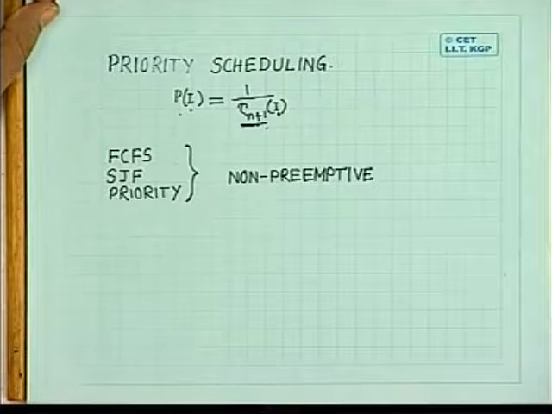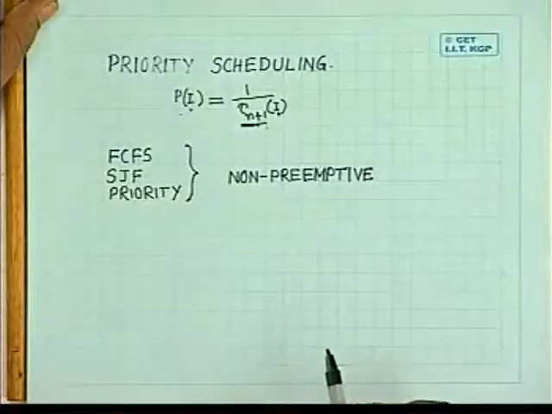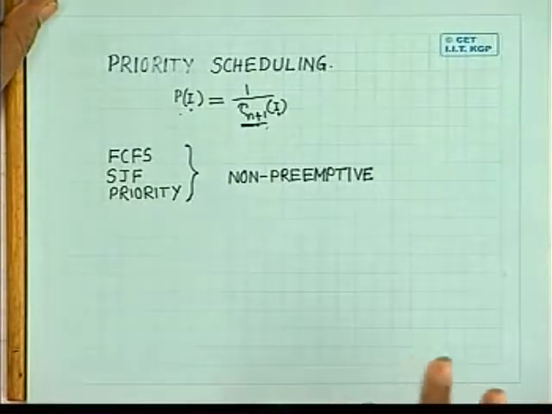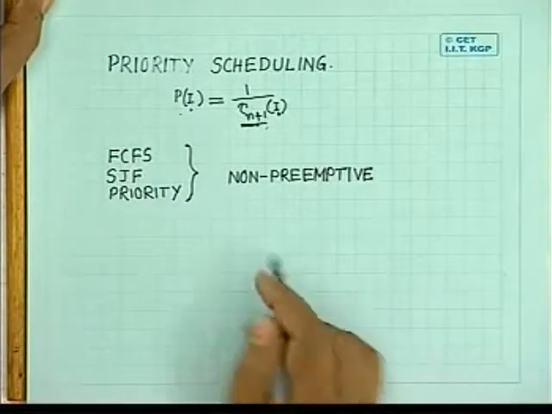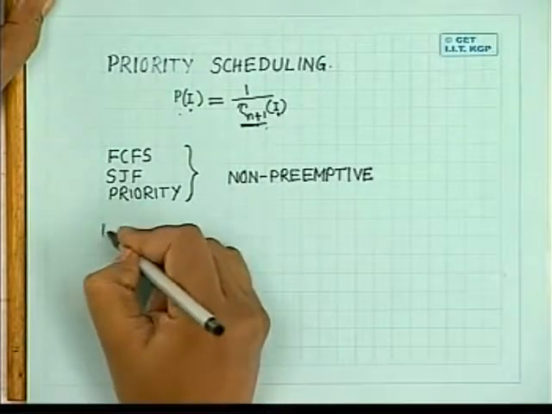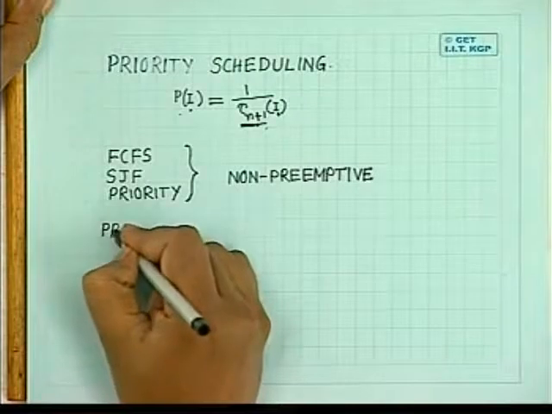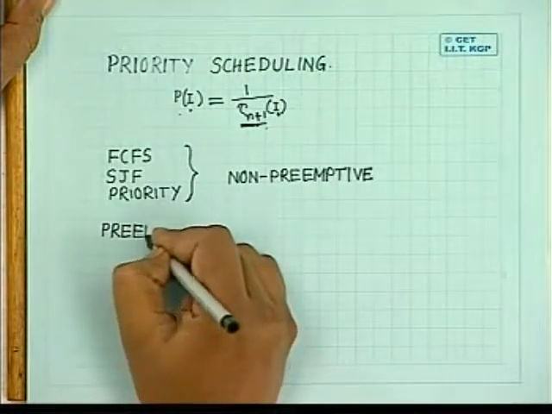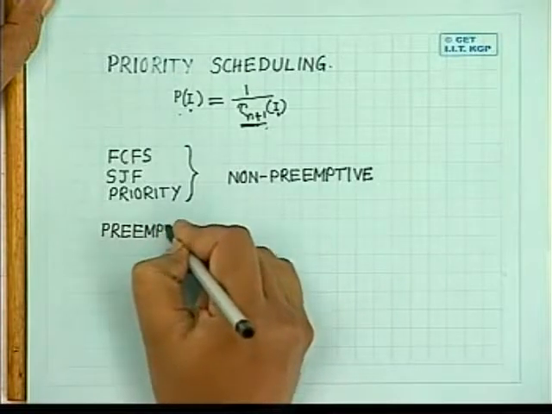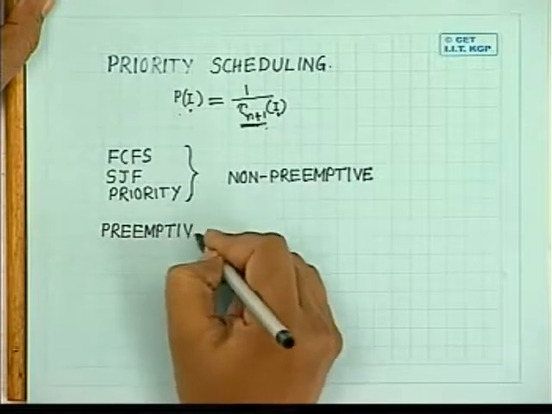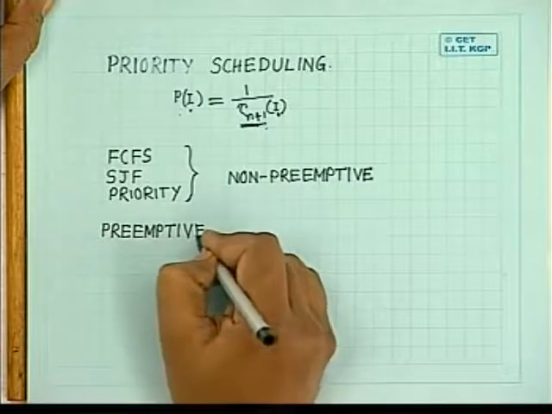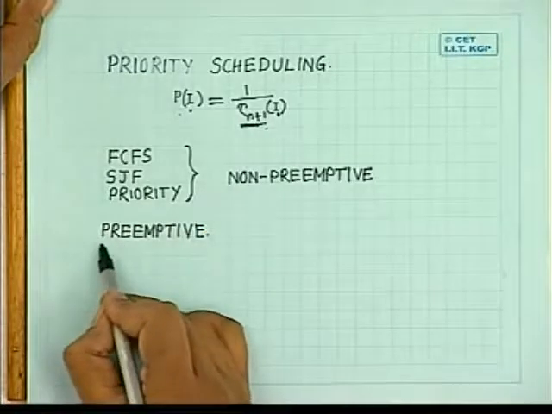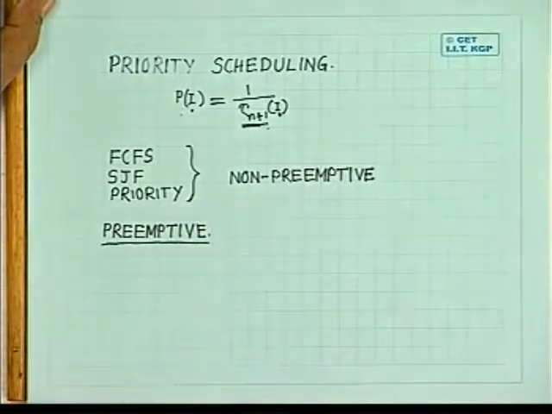So, these are non-preemptive CPU scheduling techniques. As we have the non-preemptive CPU scheduling, we can also have the reverse, that is preemptive CPU scheduling. Now, what is this preemptive CPU scheduling?